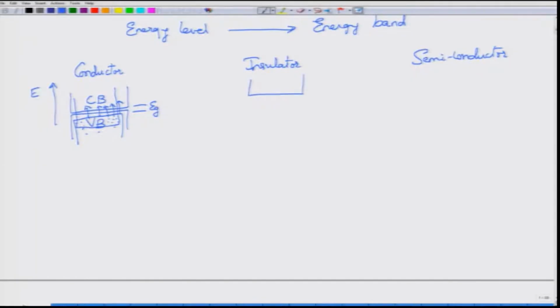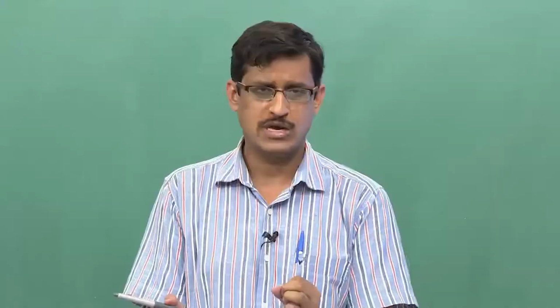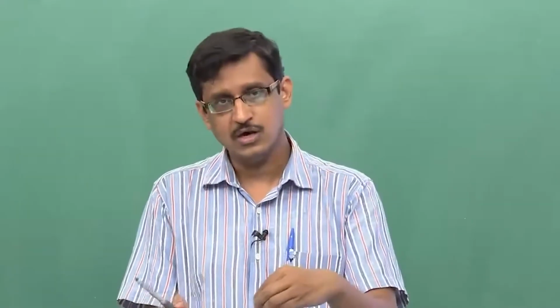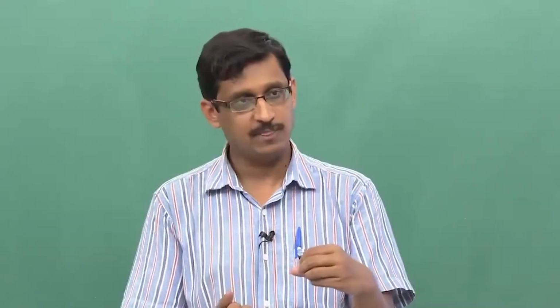On the other extreme is an insulator. In an insulator, the energy gap between the conduction and the valence bands is pretty large. So, to promote the electrons into the conduction band requires a rather large energy to be supplied. This can be done by supplying a very intense light field, so that the photons are absorbed and the electrons go to the conduction band.